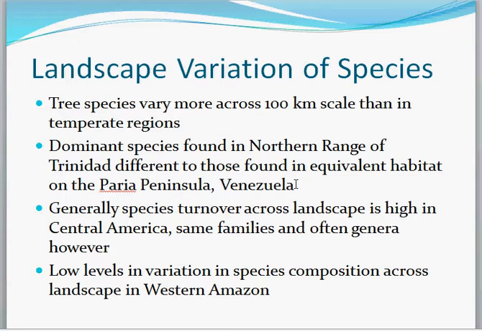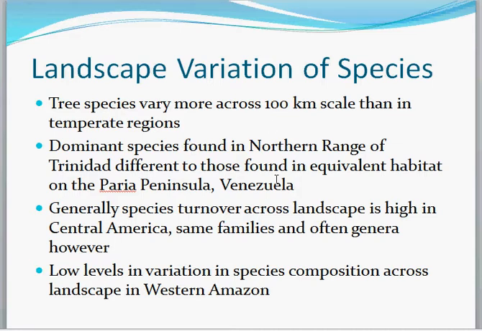There are some tree species, obviously, which are the same and are found in the northern range and in the Paria Peninsula, but generally the dominant species are quite different. And this is an example of landscape variation or beta scale diversity in species. Okay?